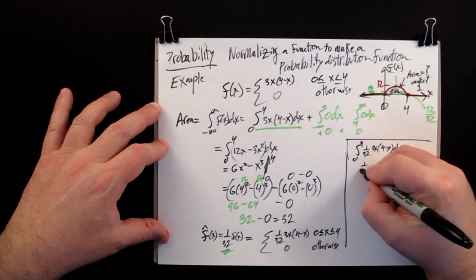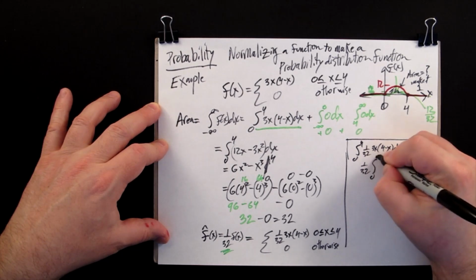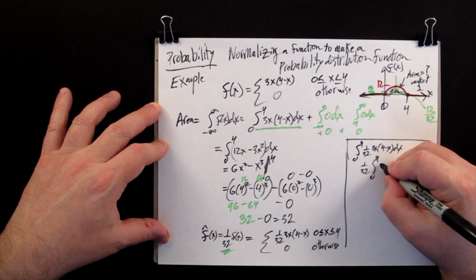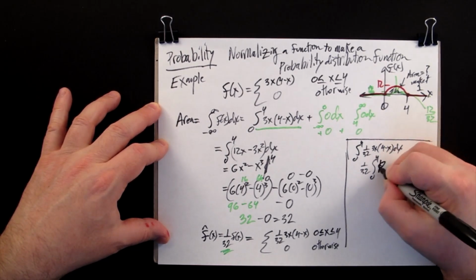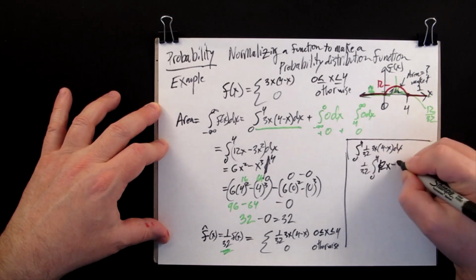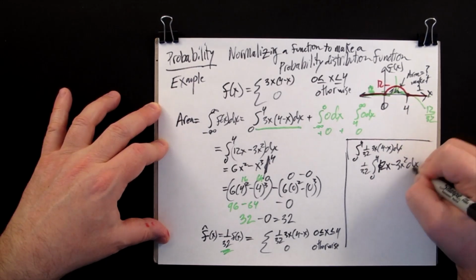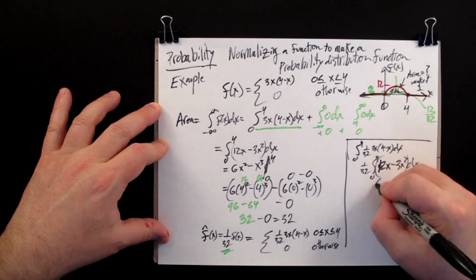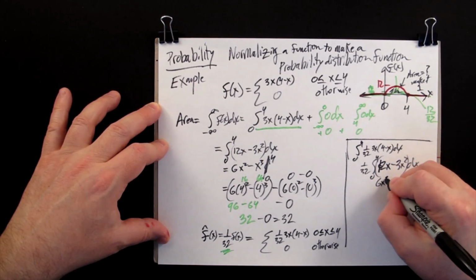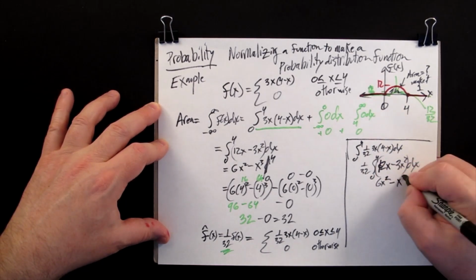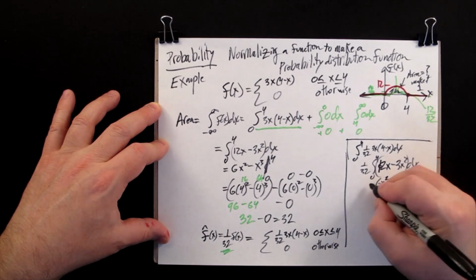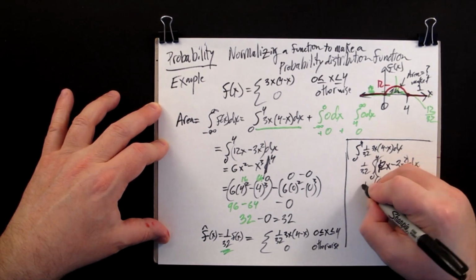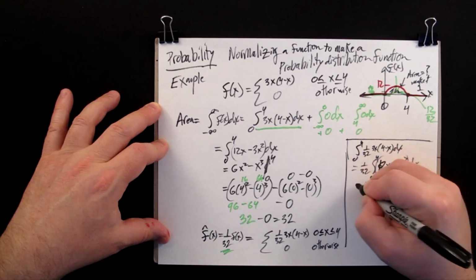Okay, so this is going to be 1/32 times the integral from 0 to 4 of 12x minus 3x squared dx. So this is the antiderivative 6x squared minus x cubed from 0 to 4, but this whole thing is multiplied by 1/32.